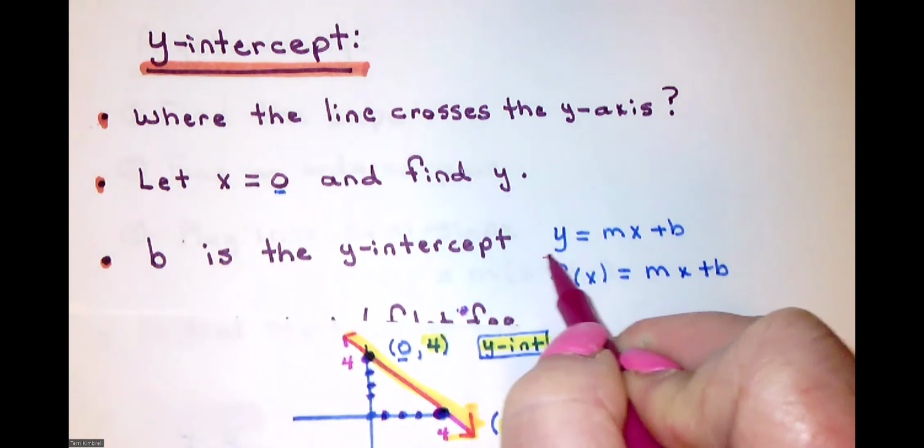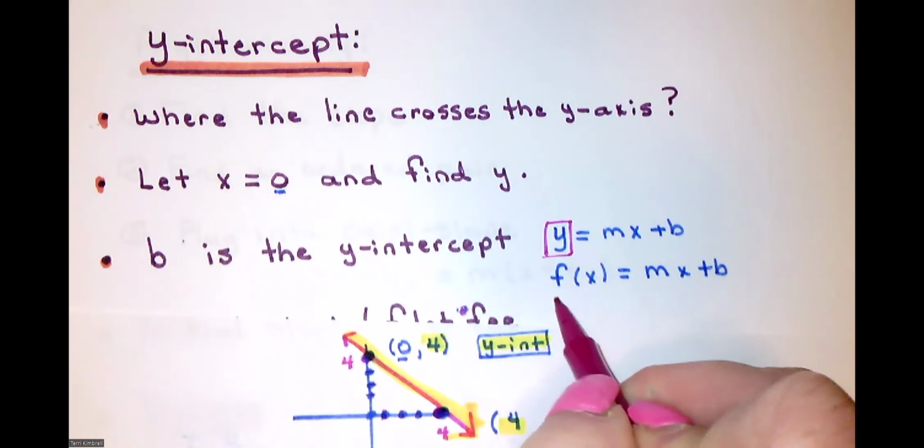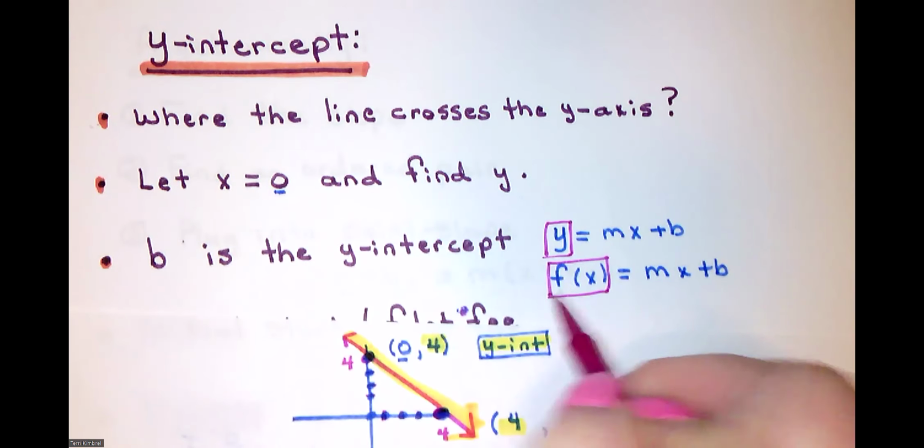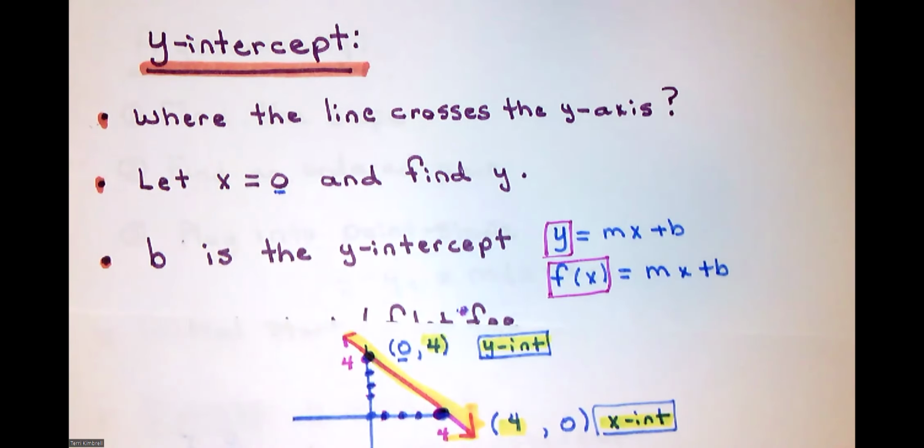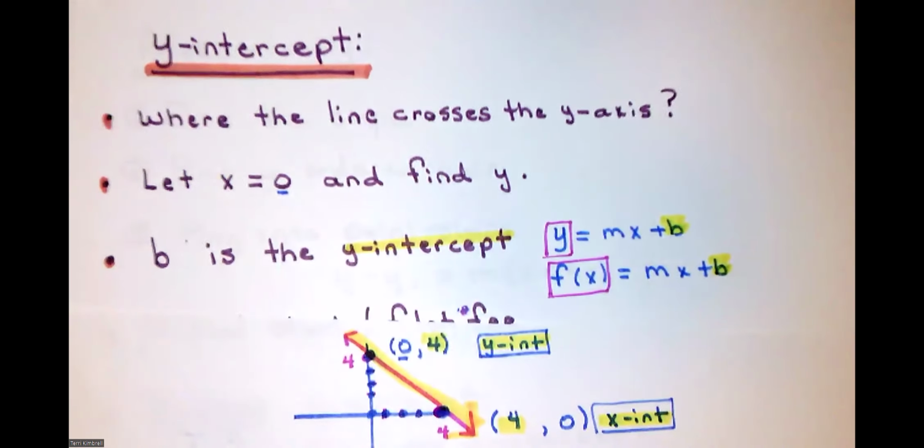Remember that f of x and y are the same thing. The m we just talked about was the slope. This letter b right here is the y-intercept. That is where the line is going to touch the y-axis.